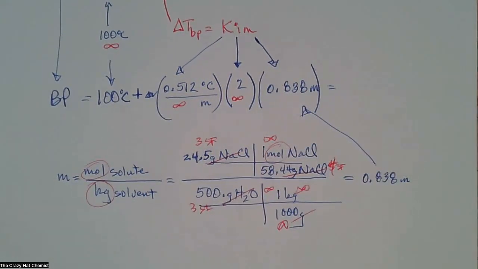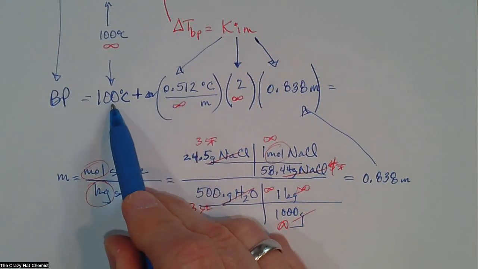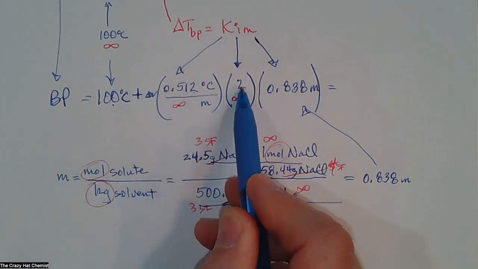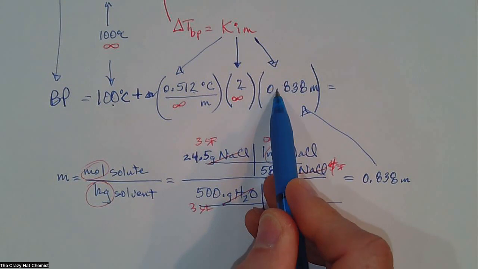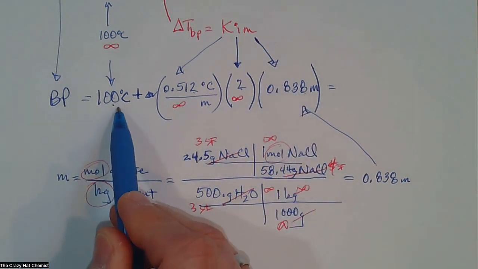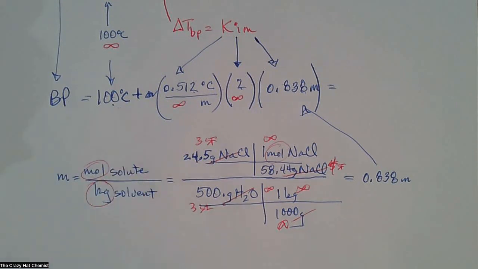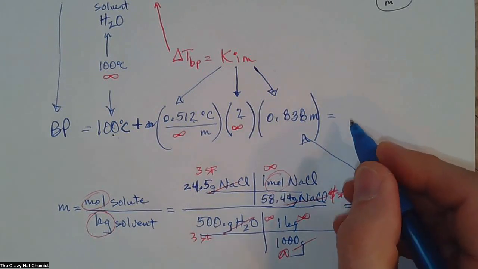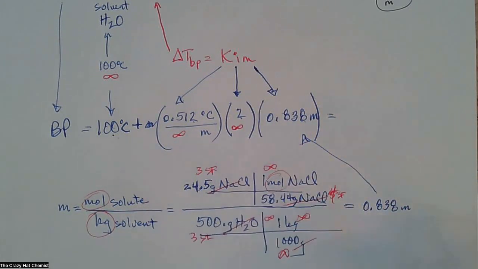Okay. And so now what I'm going to do is I'm going to plug into my calculator 100 plus 0.512 times 2 times 0.838. And since this has an infinite number of significant figures here for this normal boiling point, I'm going to have 3 decimal places.